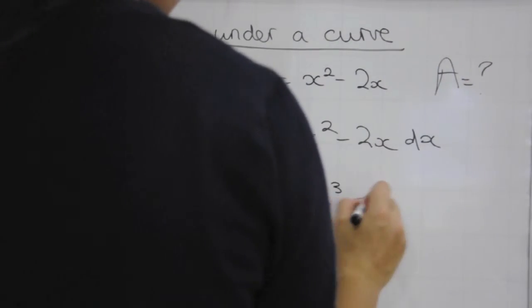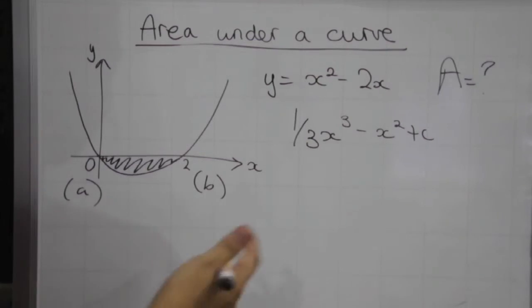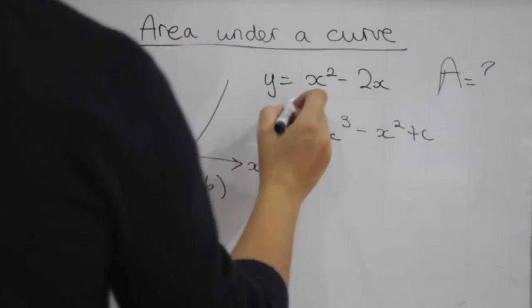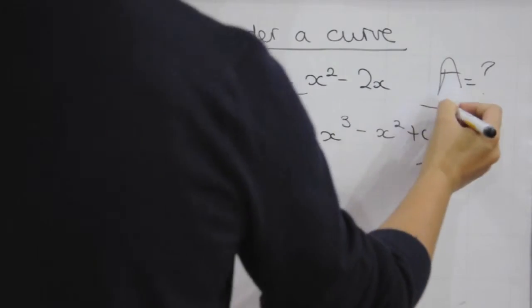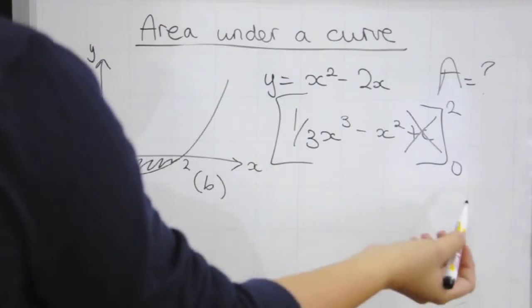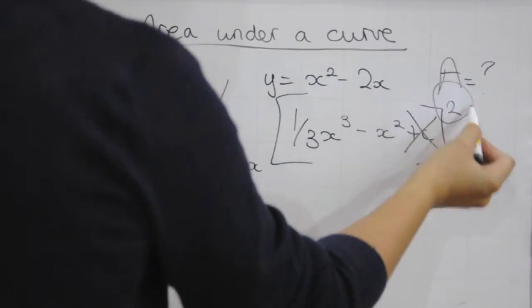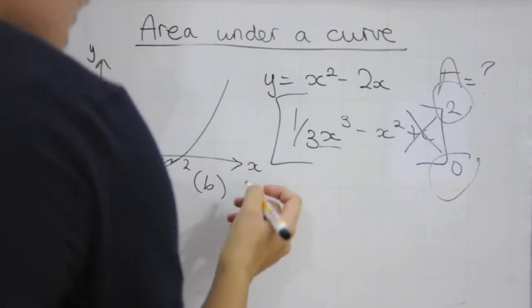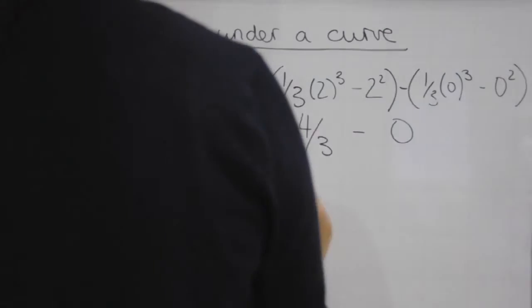So we know that we've got this, and the upper and lower range is 2 and 0. The c cancels out, so basically what we do is we substitute the 2 and the 0 into x, such as this. That is the area.